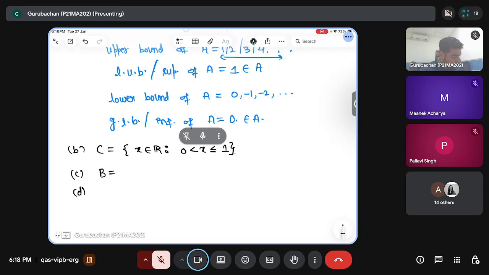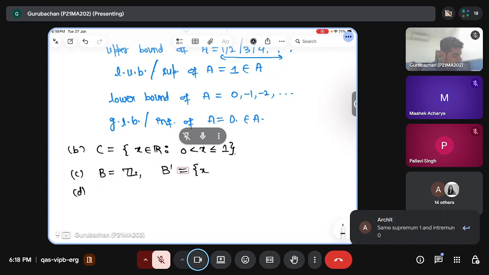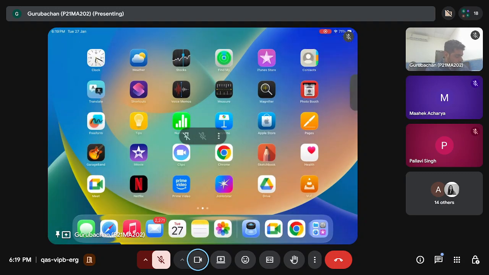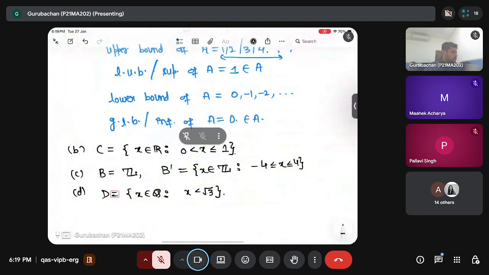Second one is the set of integers and any subset B dash, that is all those integers such that -4, this one, and the last one is D. Try all of them. Then we will discuss.